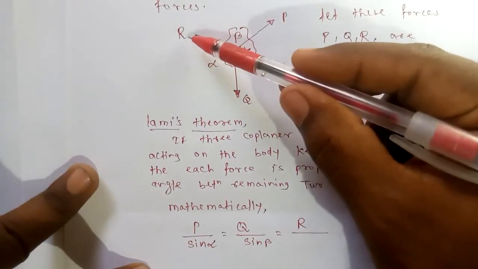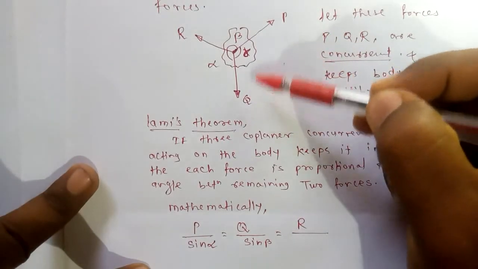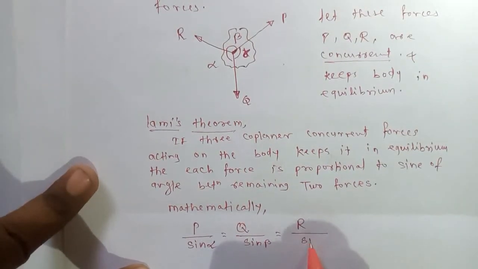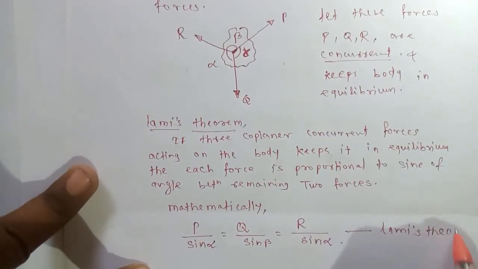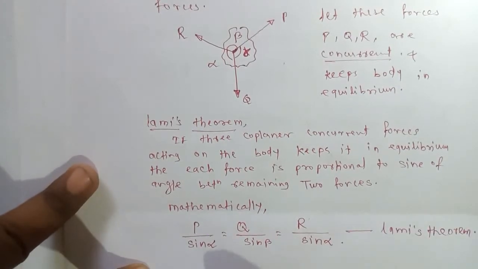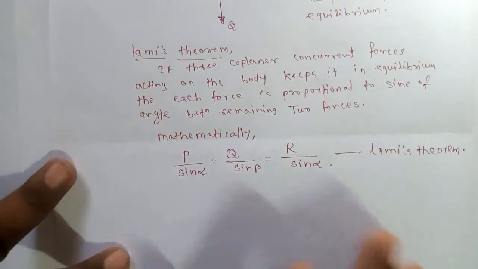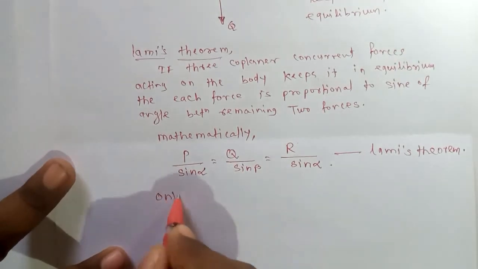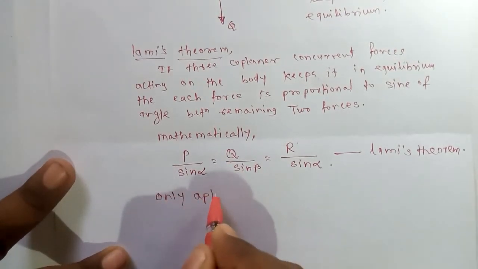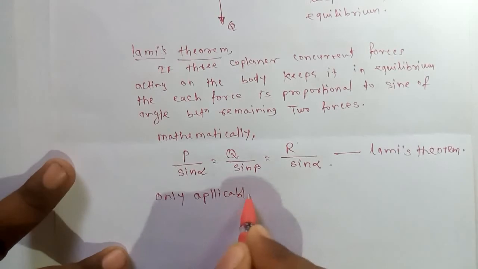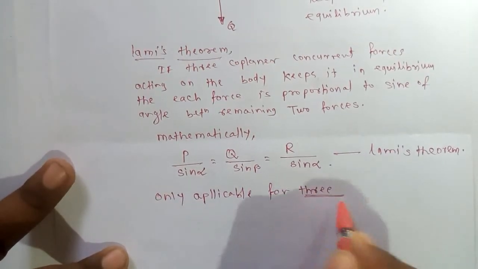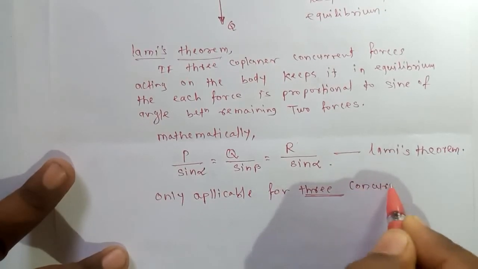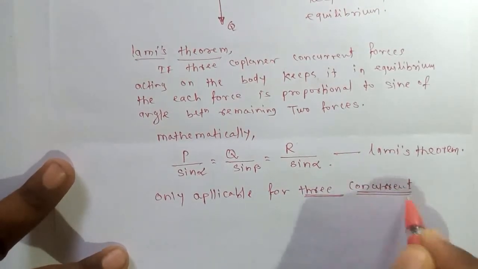If we consider force R, the remaining two forces are P and Q, so the angle is gamma. So R upon sine gamma, and this equation is called Lami's theorem. But this Lami's theorem is only applicable for three concurrent forces.